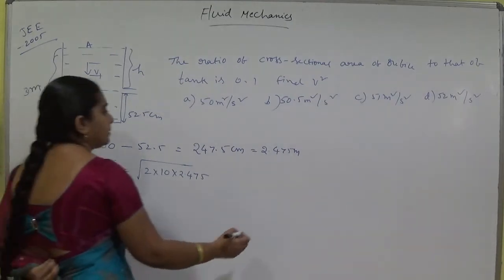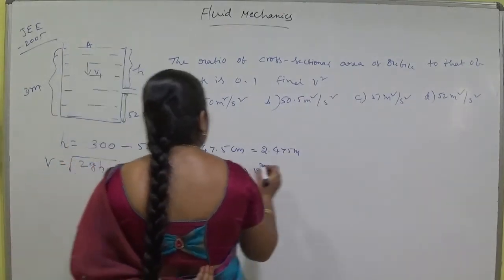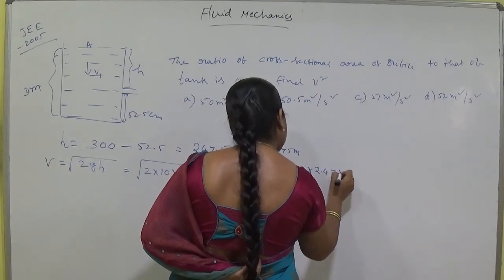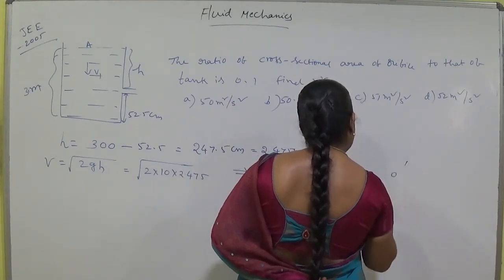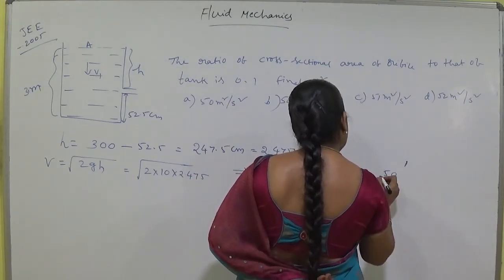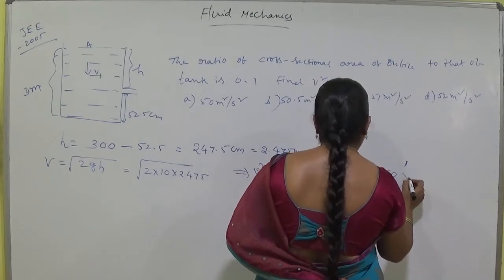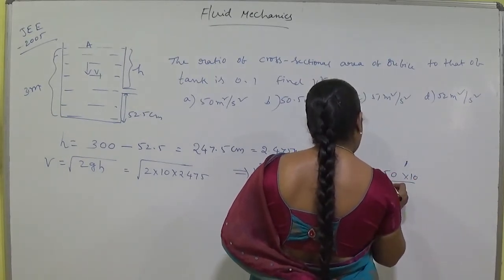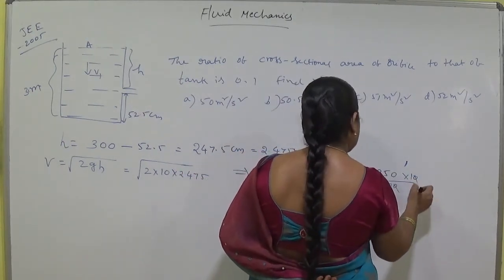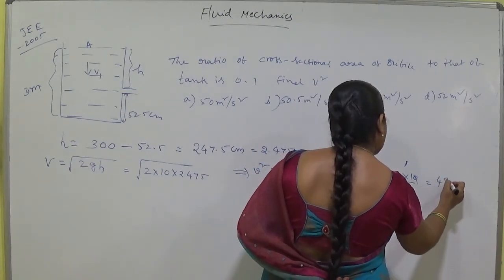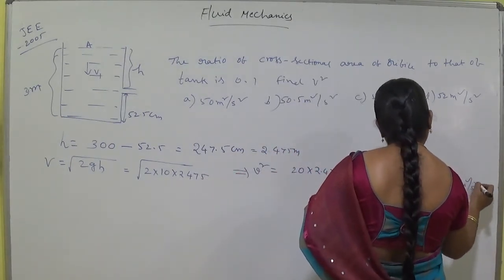V square is equal to 20 into 2.475. 2 5s are 10, 2 7s are 14, 15, 2 4s are 8, 9, 2 2s are 4, into 10 by 1000. It is 49.5 meter square per second square.